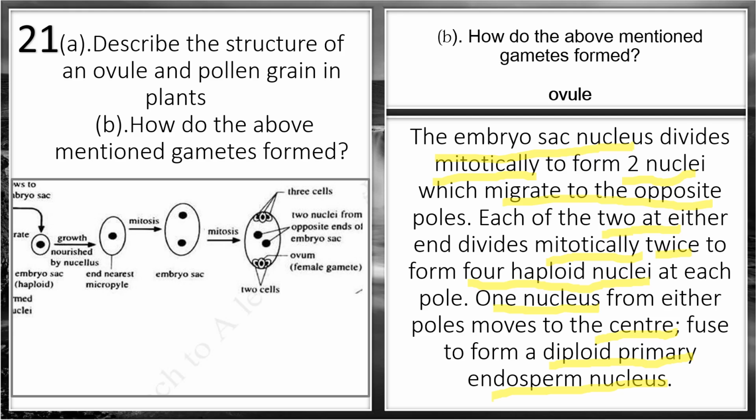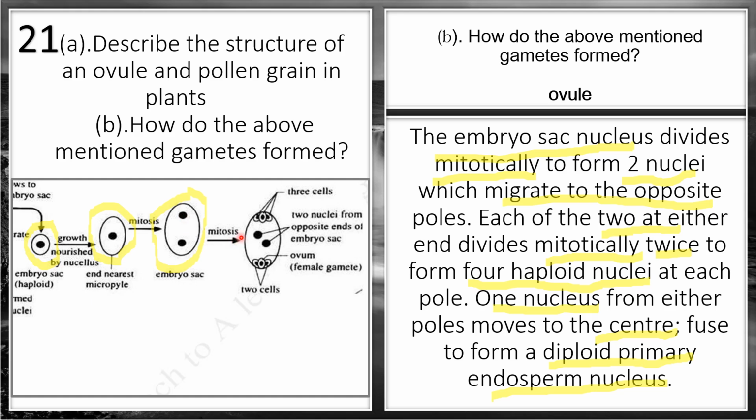Remember, we had formed the embryo sac, which is haploid. When it grows, its nucleus undergoes mitotic division to form 2 nuclei, but all of them are haploid. Now these nuclei move to opposite poles. And when they move to opposite poles, they continue to divide mitotically.